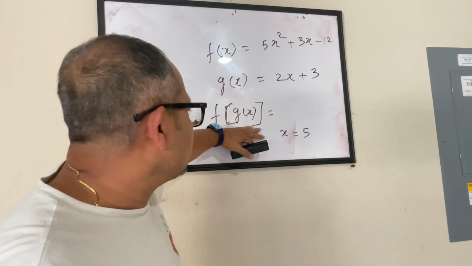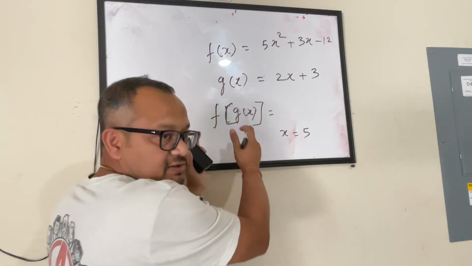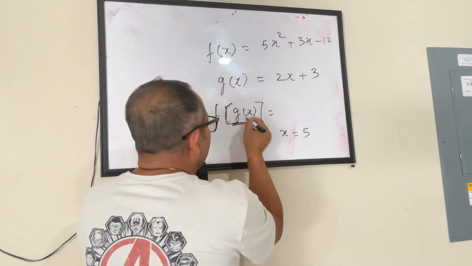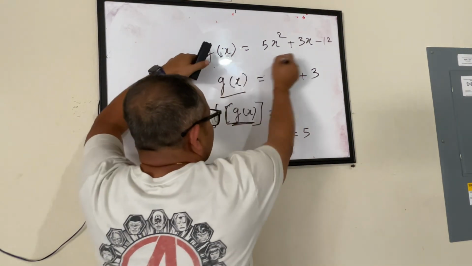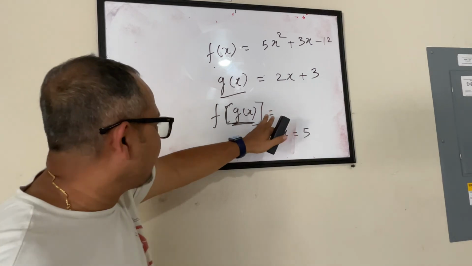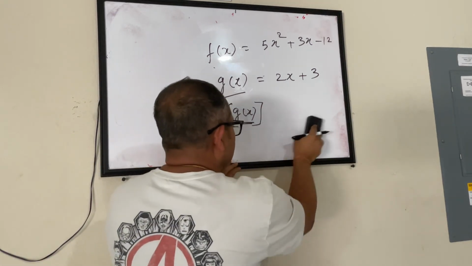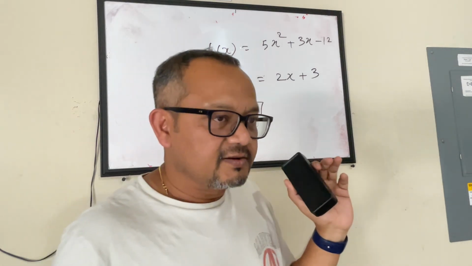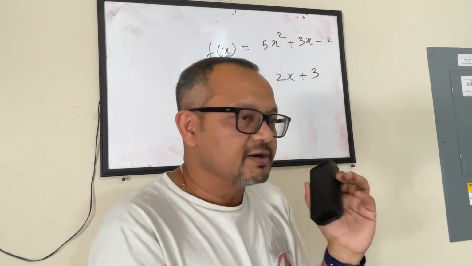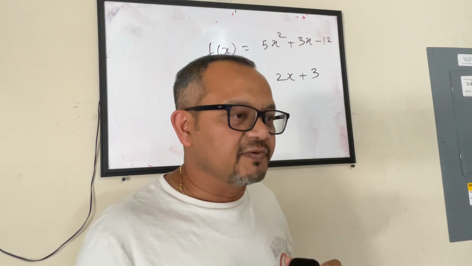This is called a composite function, meaning a function of a function. So we know function of g is given as this and function of x is given as this. If I ask you to find out the value of this composite function for x equals 5, do you know how to do it? How to deal with composite functions?